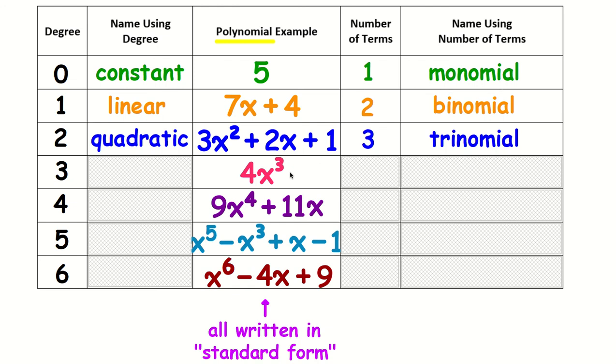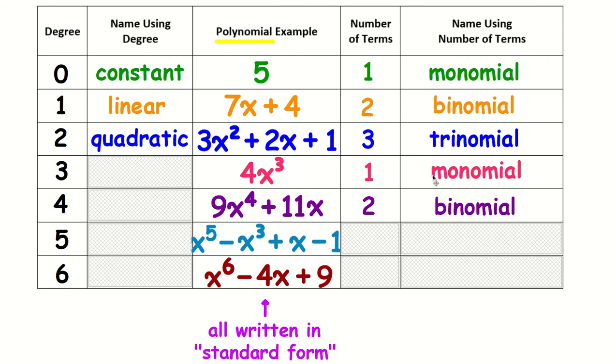So how many terms does this have? Only one, which makes it a what? Monomial. How many terms are in this purple one? 2, which makes it a binomial, like 2 wheels on a bicycle. How many terms are in this baby blue one?